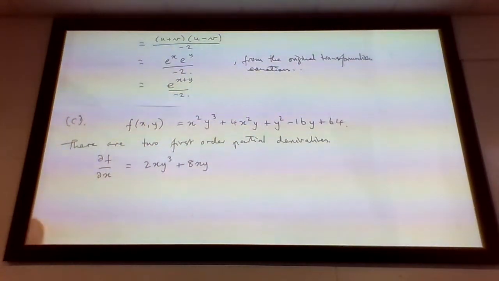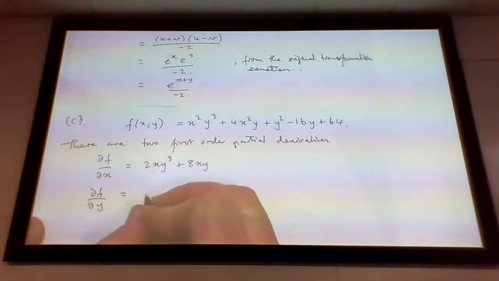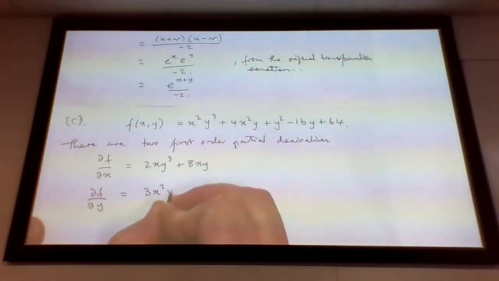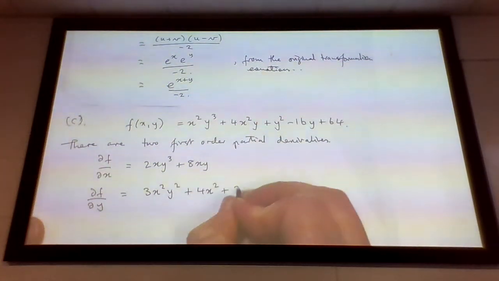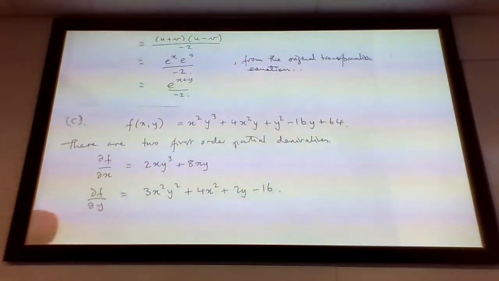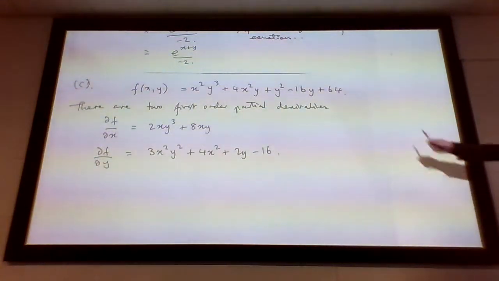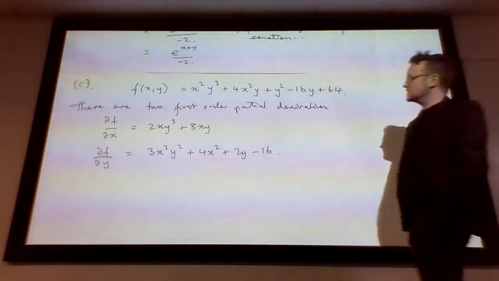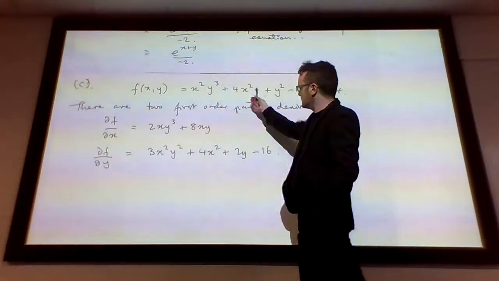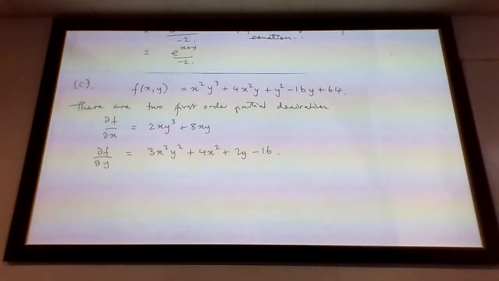So we just have those two. ∂f/∂y, similarly, 3x squared y squared plus 4x squared plus 2y minus 16. Again, the constant disappears, and the x's that were there are treated as if they're constants. So you've got constant times y, so its derivative is just the constant. And so on.